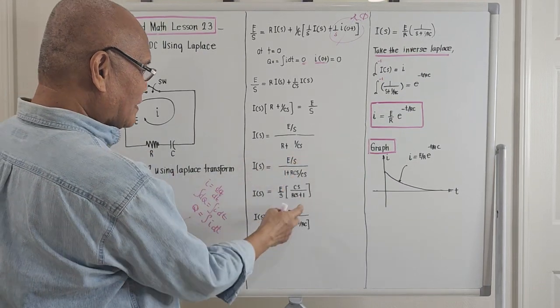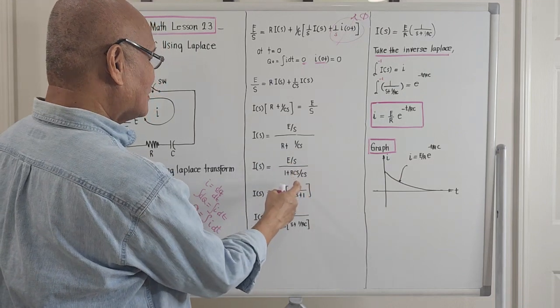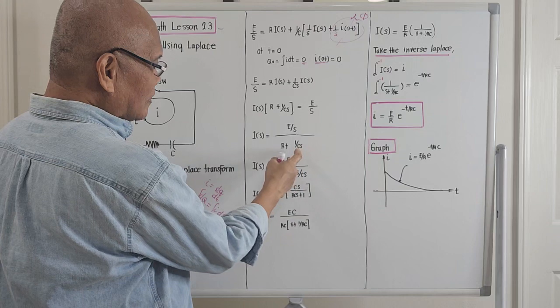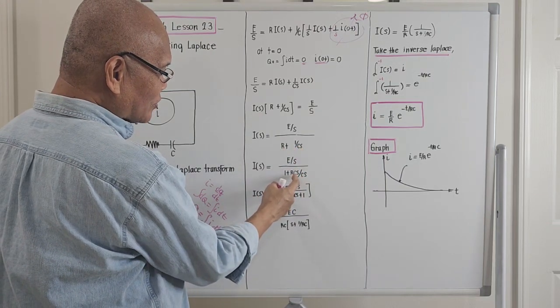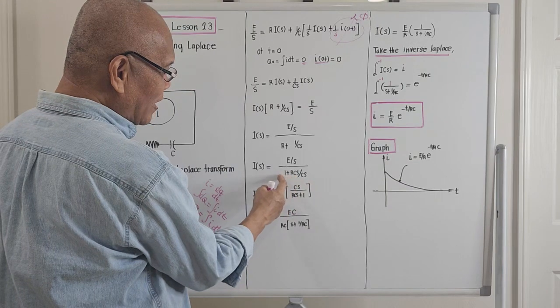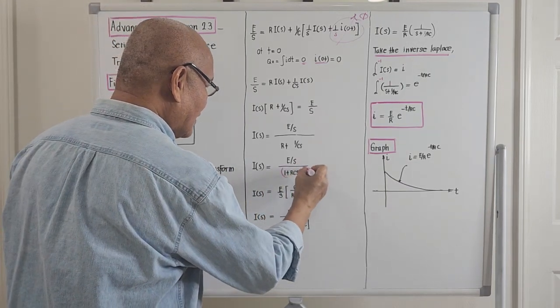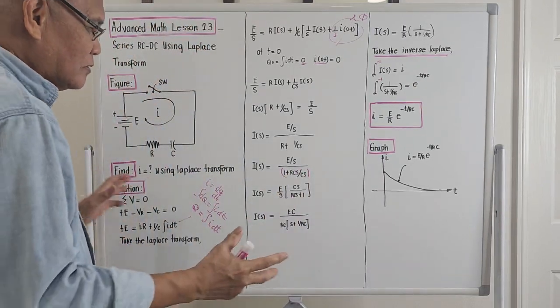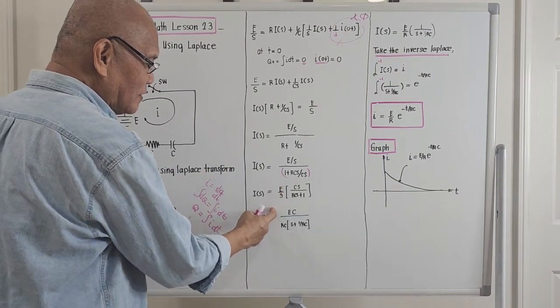Okay? I think I combine this one. It will be CS times R is actually RCS. So this is RCS plus 1 all over CS. So again, algebraic manipulation, this should be E over S. Okay?